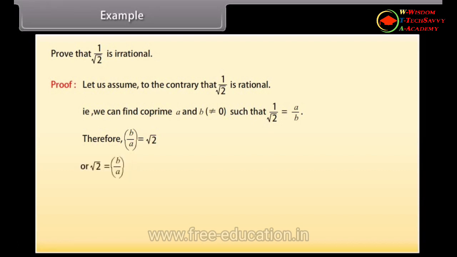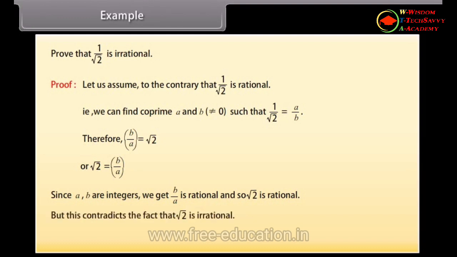Since a, b are integers, we get b upon a is rational and so square root 2 is rational. But this contradicts the fact that square root 2 is irrational. This contradiction has arisen because of our incorrect assumption that 1 upon square root 2 is rational.